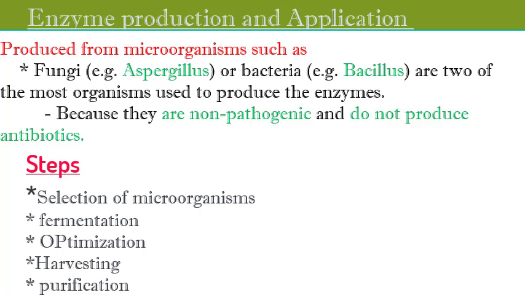Fourth, harvesting. After fermentation, the enzyme is extracted from the culture medium or biomass. And lastly, purification. The enzyme is purified using filtration, centrifugation, and precipitation mechanisms.